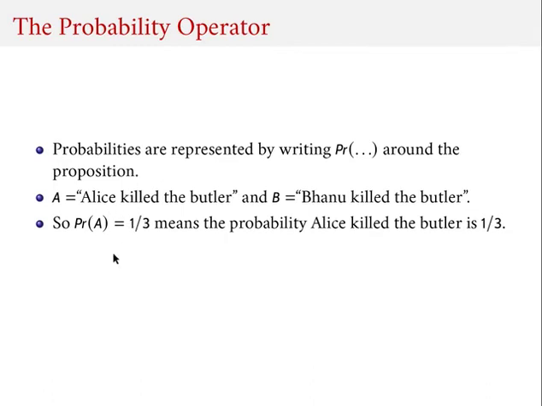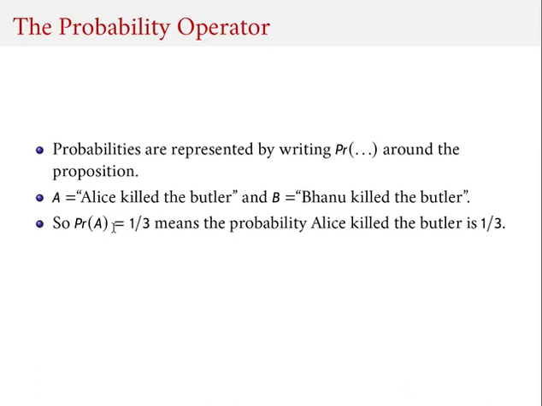Okay. So when we're wondering about the probability of some claim, we're wondering what number between 0 and 1 it is. So if we think that there is a 1/3 probability that Alice is the murderer, we would write that formally by writing PR of A equals 1/3.